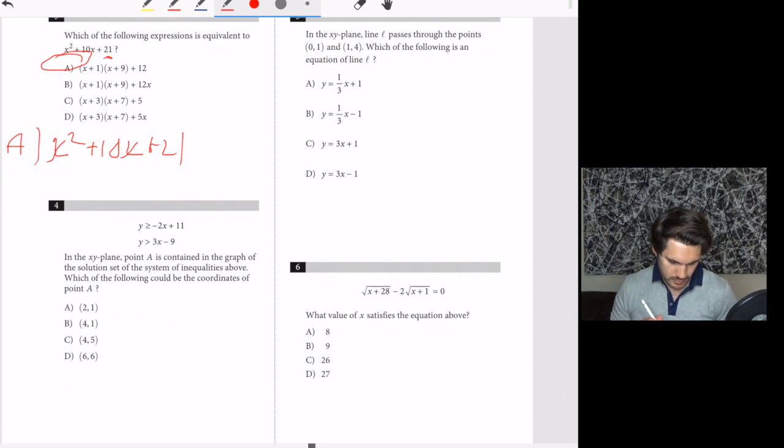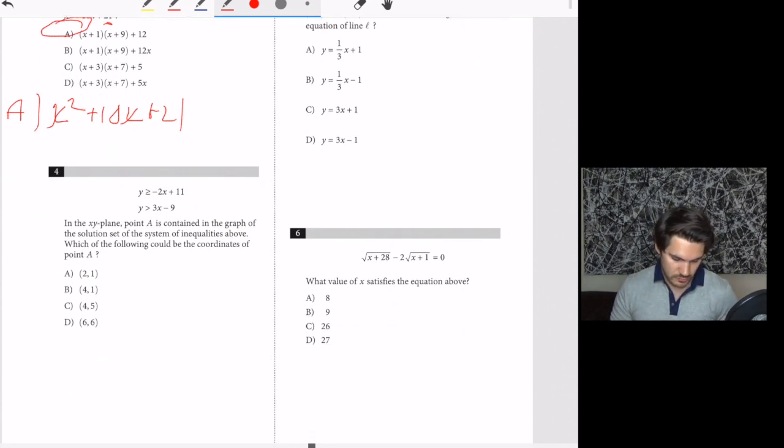Number 4. In the xy plane, point A is contained in the graph of the solution set of the system of inequalities above. Which of the following could be the coordinates of point A? Basically, whichever point we pick needs to work for both of these inequalities. So let's plug them in and see which one works for both.